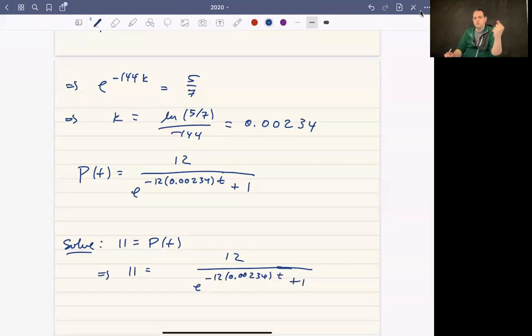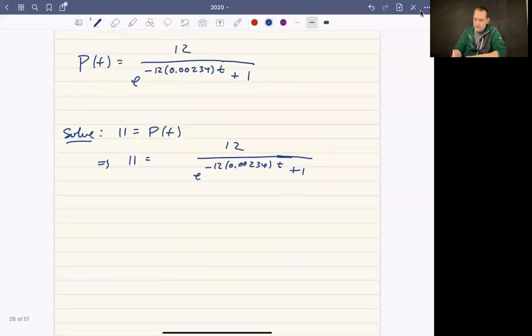We'll just do the usual algebra: divide both sides by 12, take a reciprocal, take logs, subtract 1, divide by the stuff in front. I'll leave it to you to check out the details. You can definitely do this. We end up with t as the natural log of 11 twelfths over the natural log of 11 over this quantity.